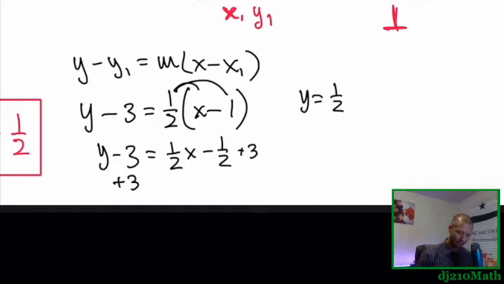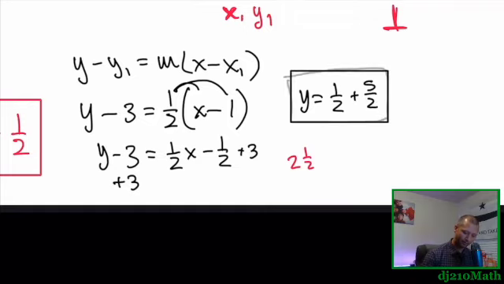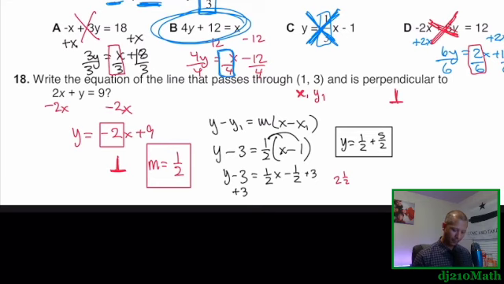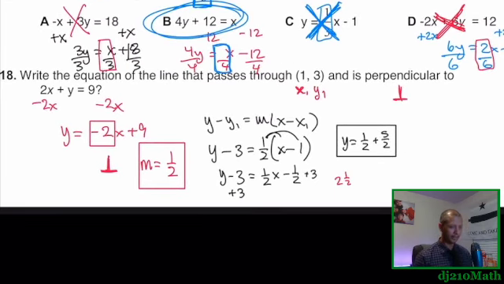That's a little side work, 2 and 1/2, and that's going to be plus 5/2. So this equation that we have passes through that point and is perpendicular to the line that they gave us. Oh, I'm missing an x. Sorry, there's an x right there, 1/2 x.